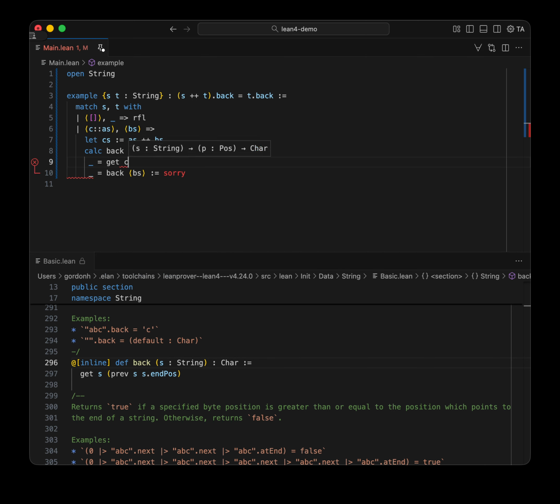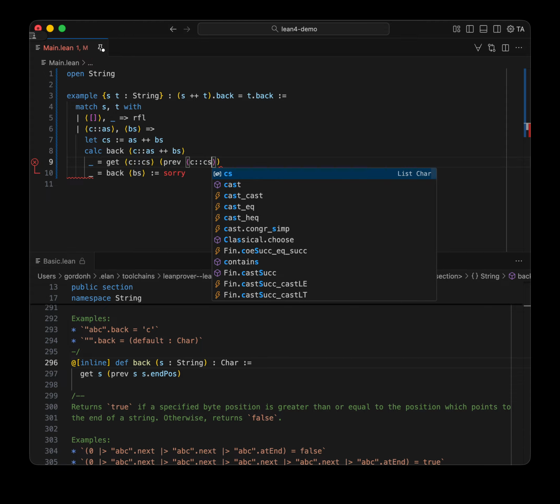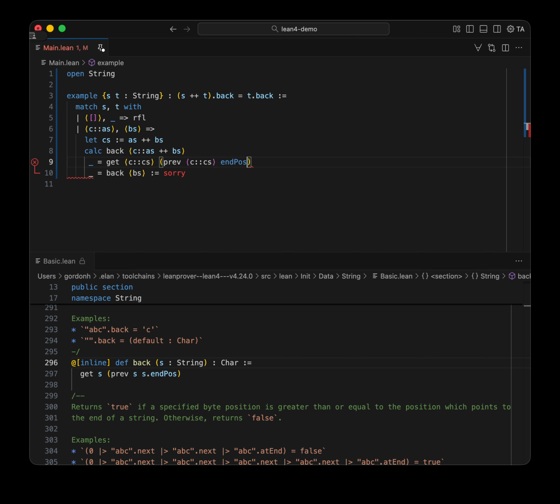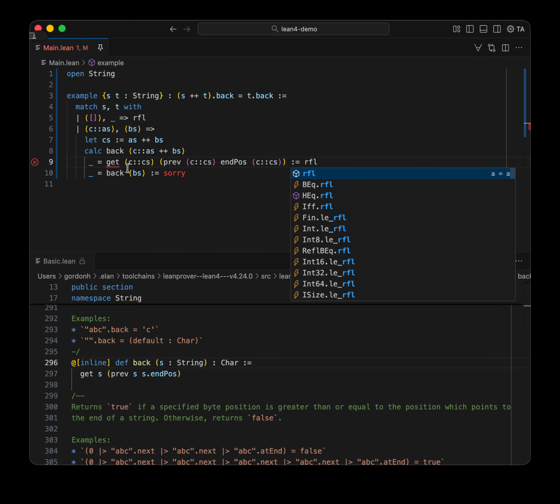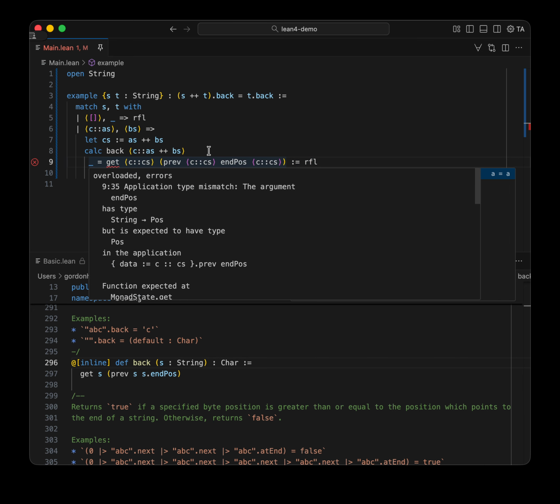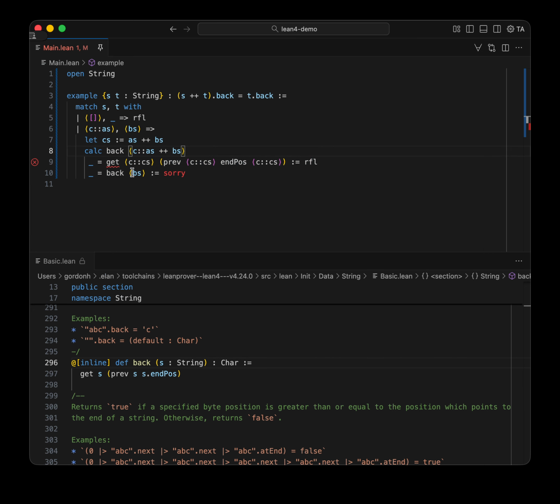Okay, that gives you this. By definition, it is exactly this. What's missing? Parentheses.